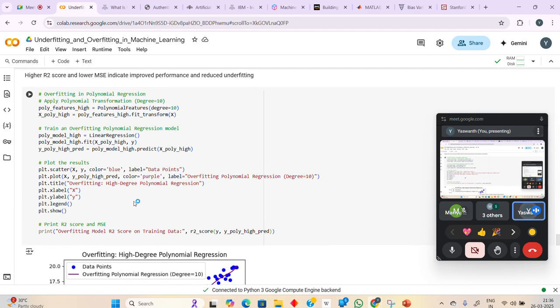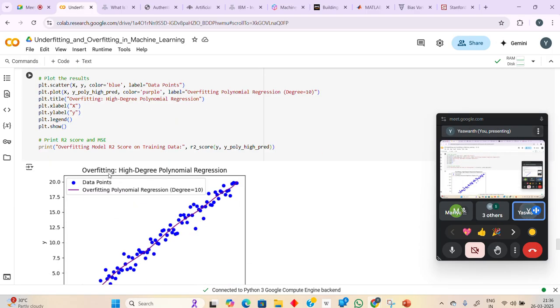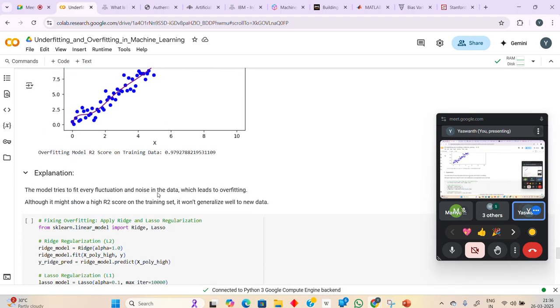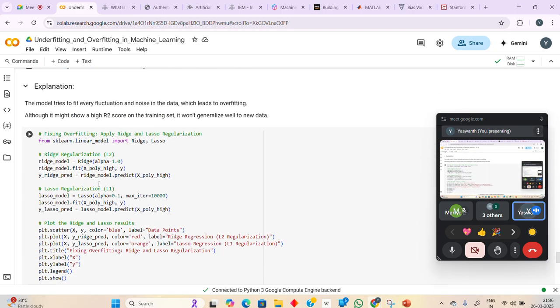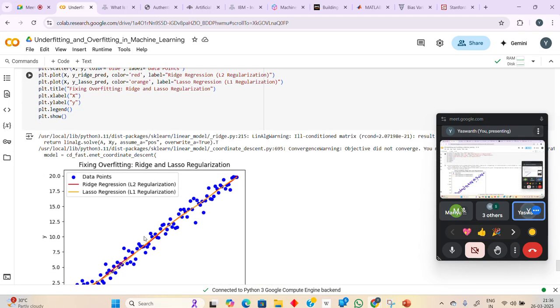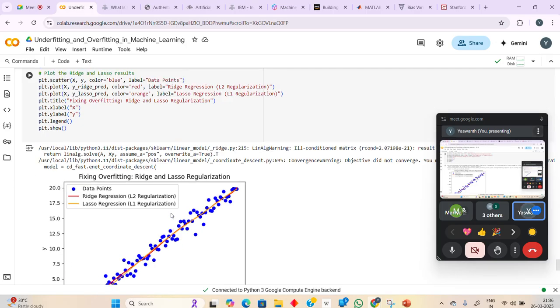Then there is the concept of overfitting, where it is trying to fit all the points. Then what we are going to do is add lasso regression, just changing the alpha value and the iteration value. These two are the hyperparameters. As you change the alpha value, you will get a change in the best fit line. That is important.